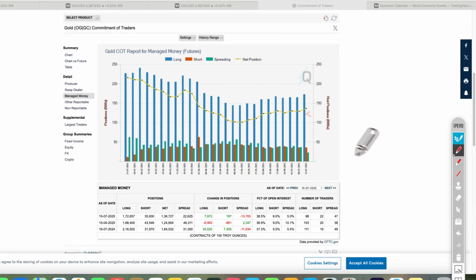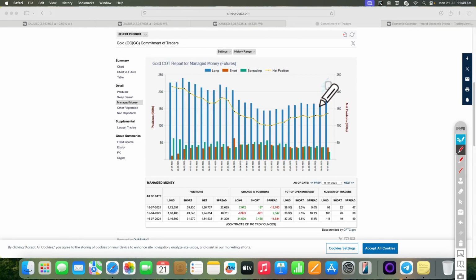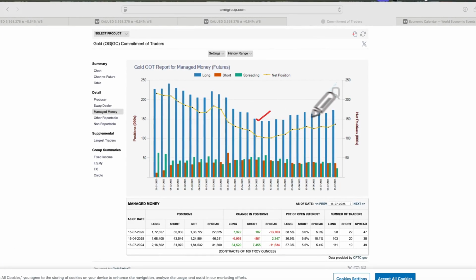If you remember the previous week's analysis video, if you check the history range from this week to this particular week, you can see the managed money long positions, the net long holding of the managed money.